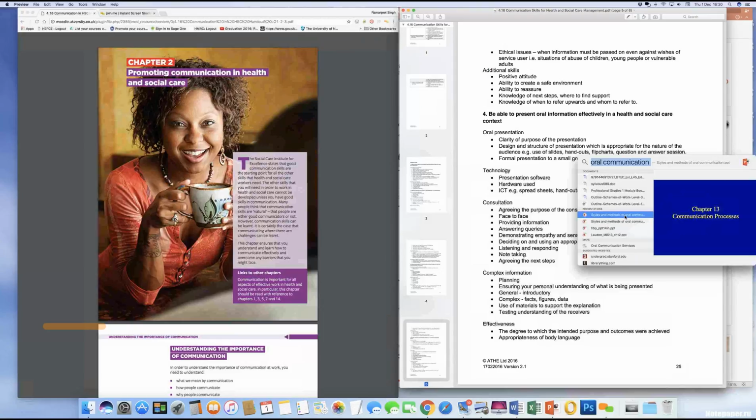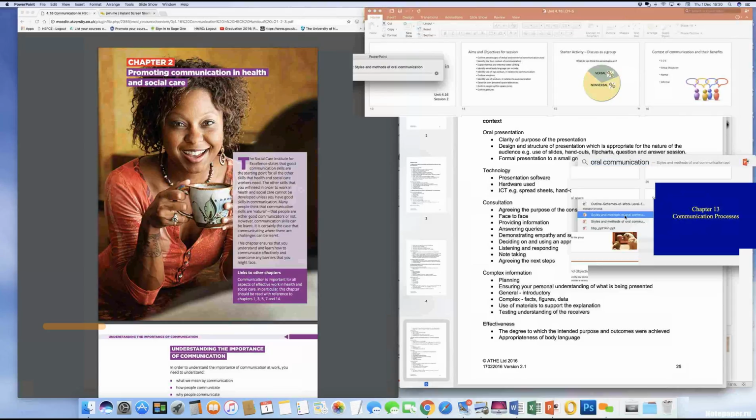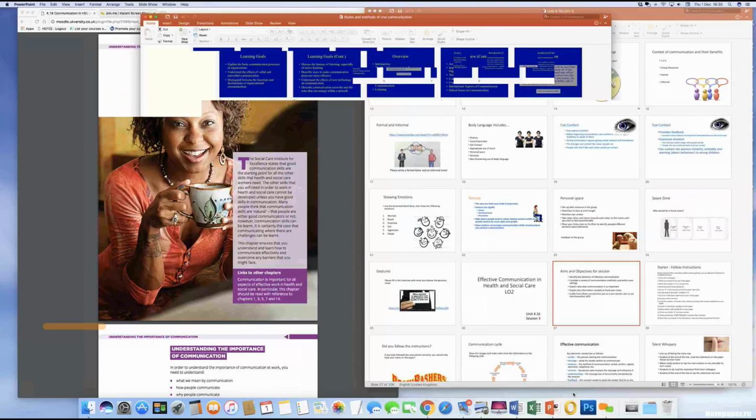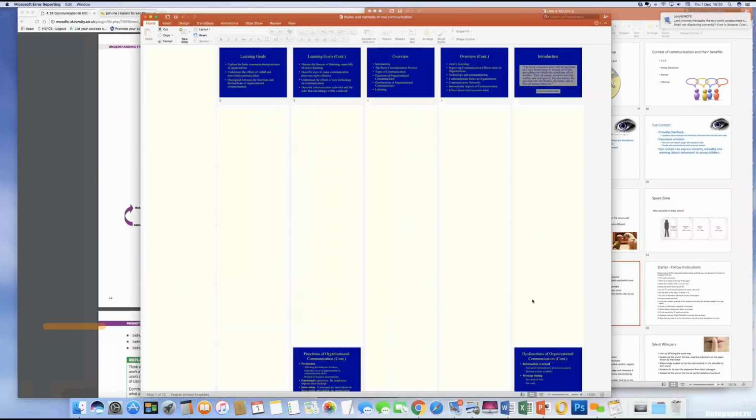This is something that I'm going to email to you after the session, but just going through some of the slides rather than all the slides here.